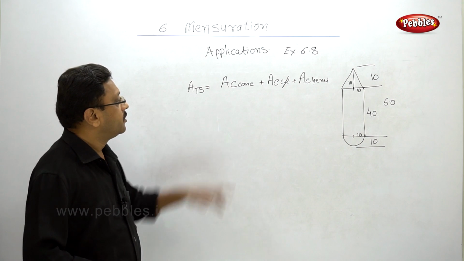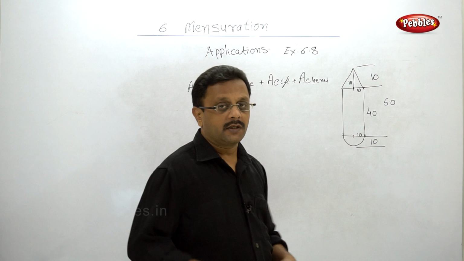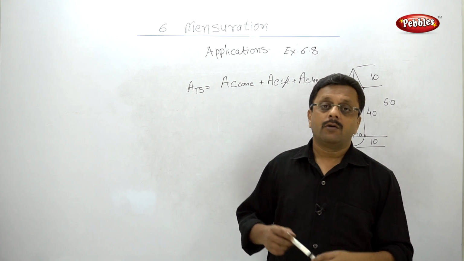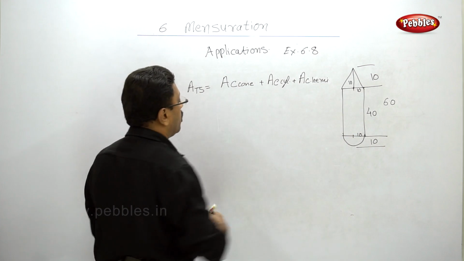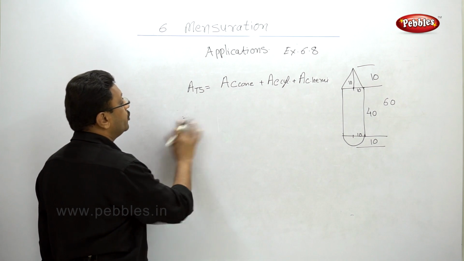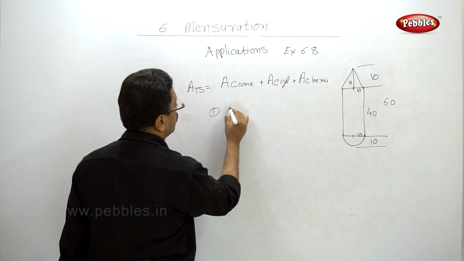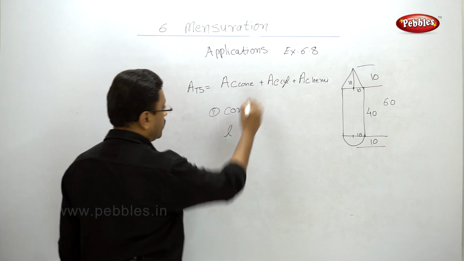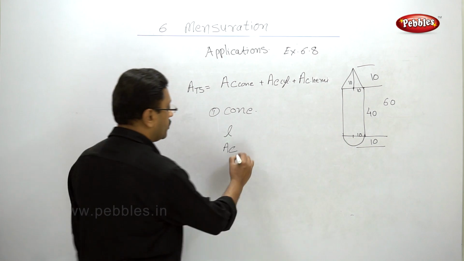Now in this case, for the cone, first you have to find out the slant height. Otherwise you will not get the curved surface area. Correct? So you can just write case 1, cone, then find out the L first and then find out the curved surface area of cone.